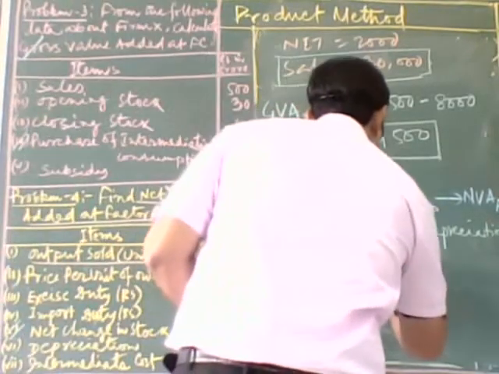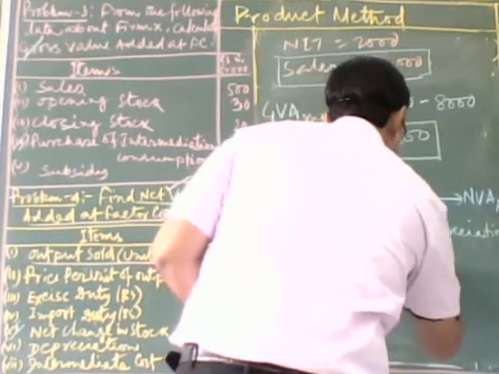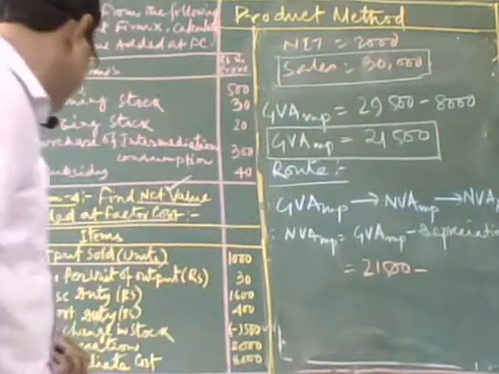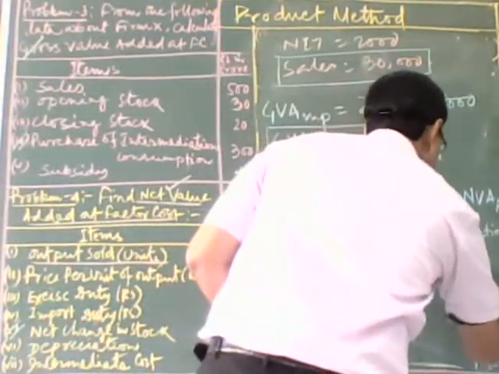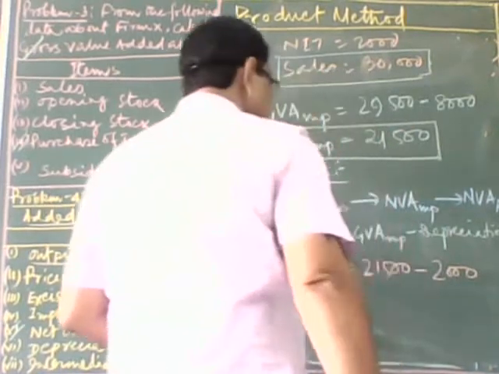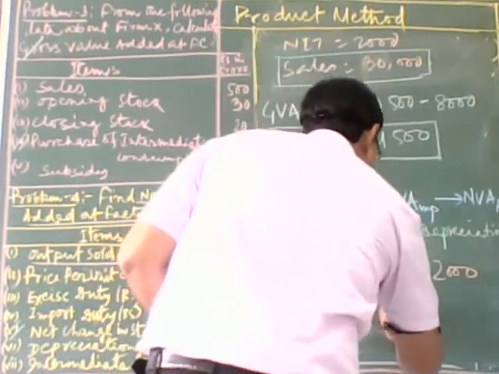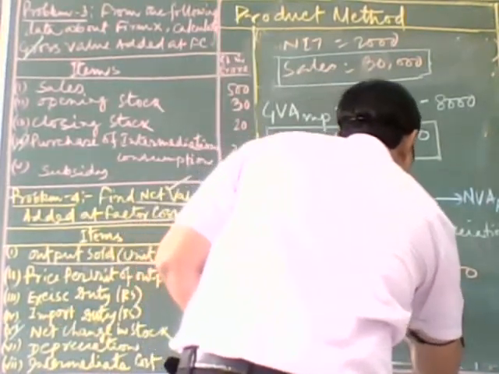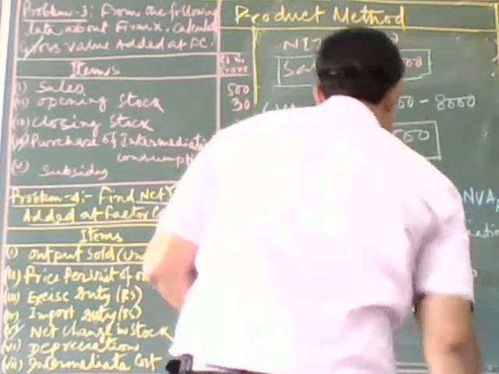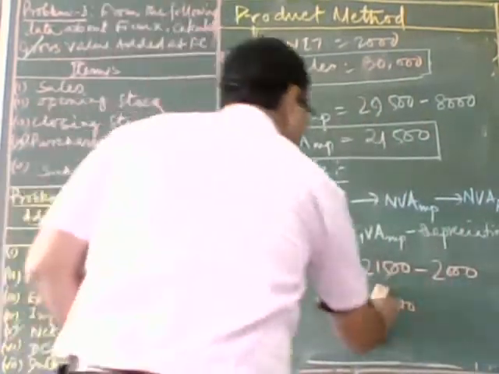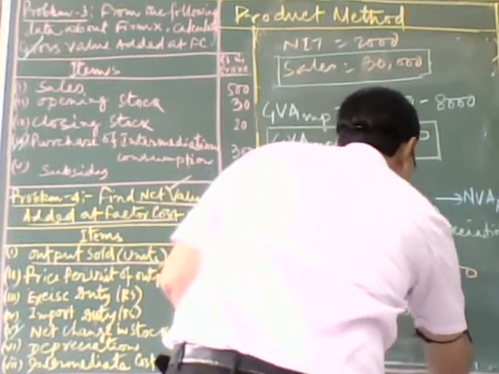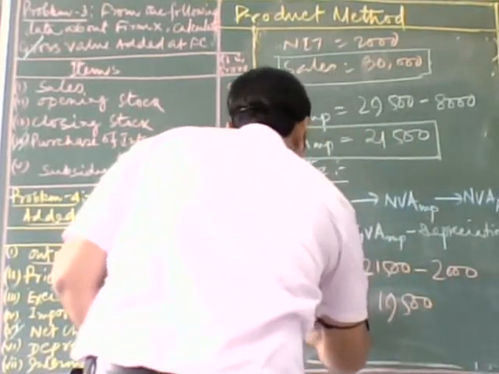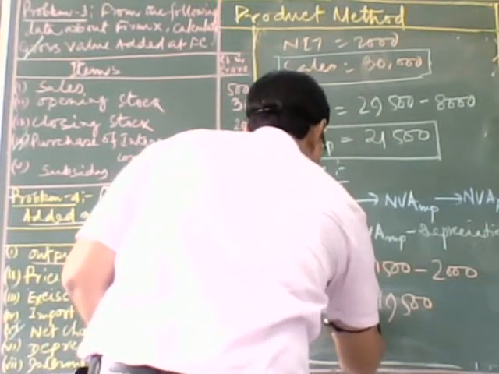You have to put the value 21,500 minus depreciation, which is already given, that value is 200, is equal to 19,500. NVA at market price.